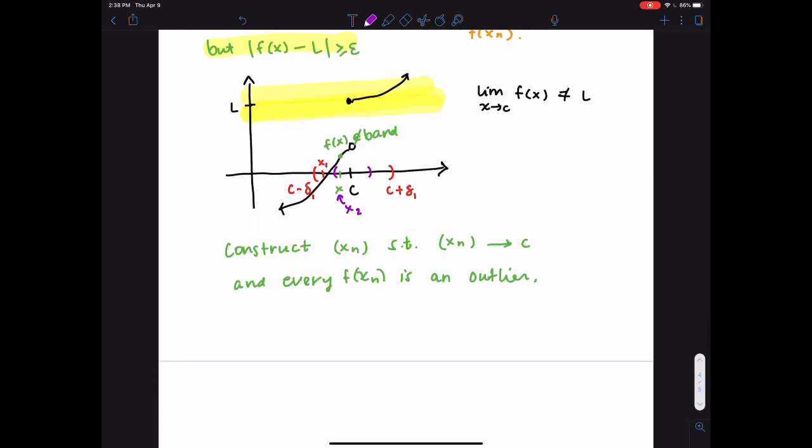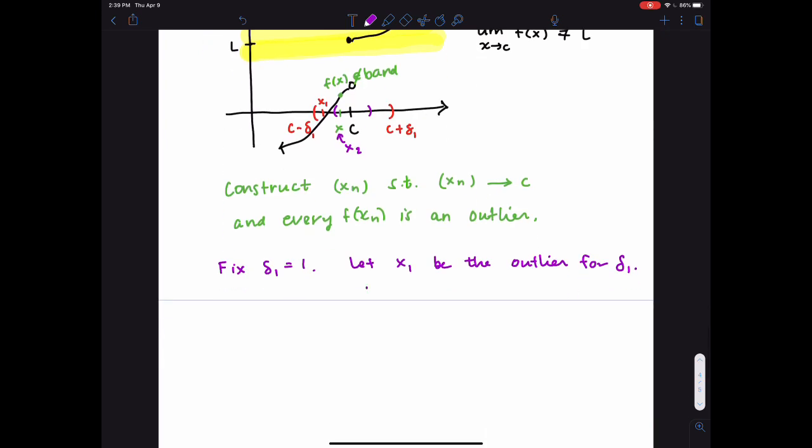So what I'm doing here is saying fix delta 1 equal to the number 1. Let x1 be the outlier for delta 1.